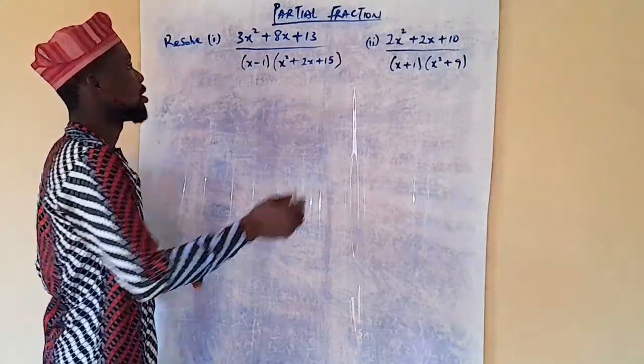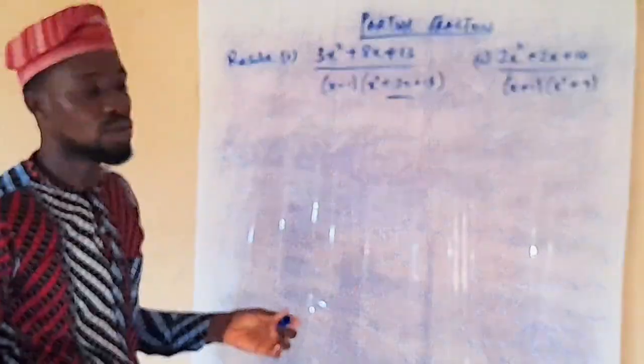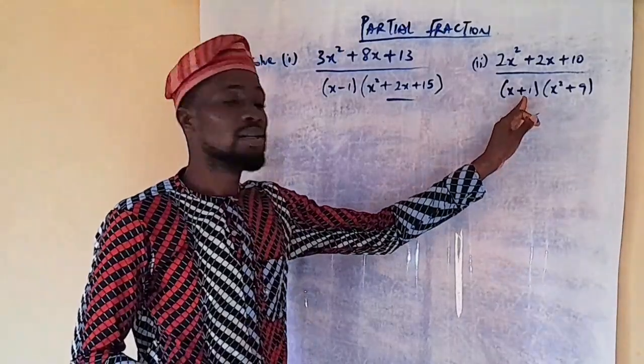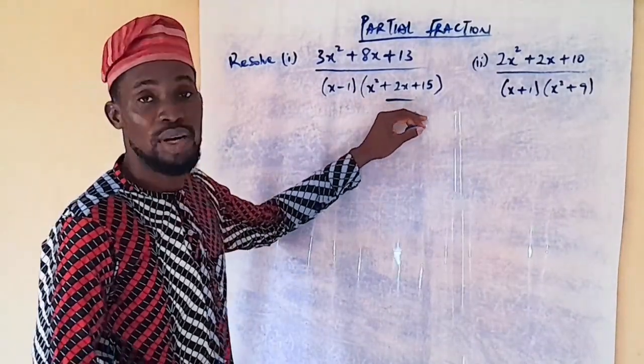If you look at this very well, x minus 1 here is a factor, right? x plus 1 here is a factor, right? This is also a factor, but is this factorizable?